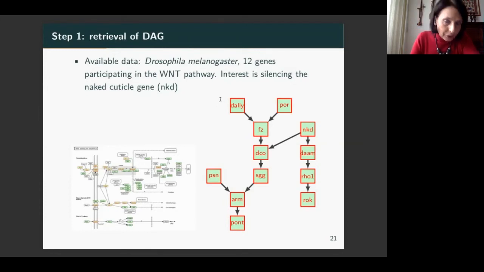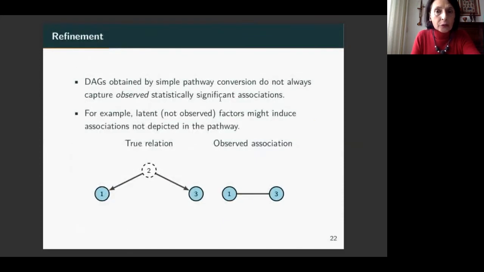One is, of course, technical artifacts and measurement error, broadly speaking. But there are more subtle reasons that I've tried to illustrate in this slide. So assume that the true DAG is the one on the left-hand side, the little DAG with 3 nodes. And imagine not to observe 2. So you have measurements only on 1 and 3.